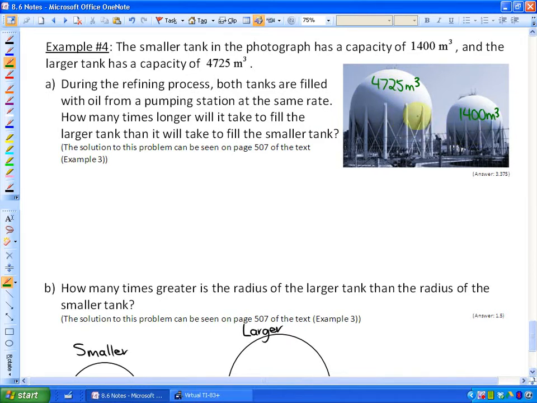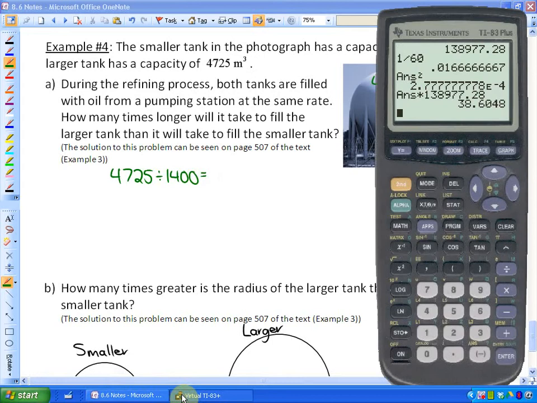Since these are both volumes and we're pumping volume into them, we just need to know how many times greater the larger volume, 4,725, is than the smaller volume. So really what this is just finding out is 4,725 divided by 1,400, because that will give you the quotient of the volumes.